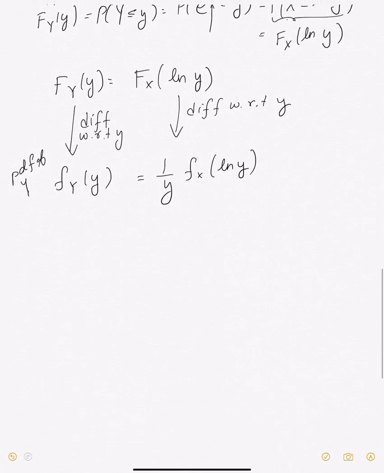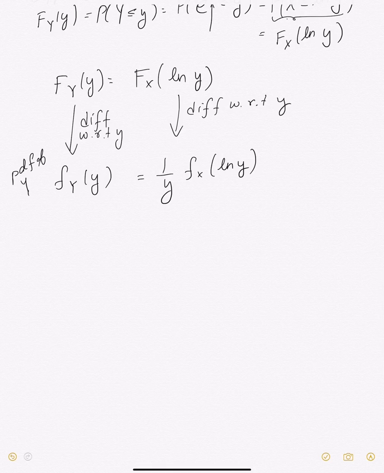Okay, so we're going to write down exactly what this is. First, let's remind ourselves what is the probability density function of a normal random variable. Okay, you remember what this is?